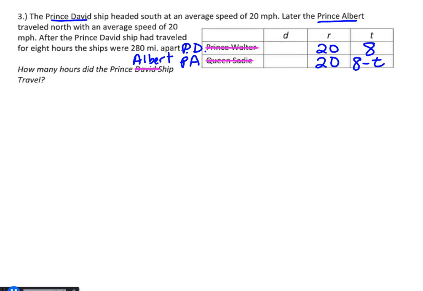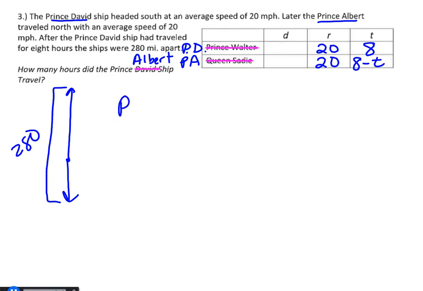Now we know that one of them headed south and one of them headed north, and then after that period of time they were 280 miles apart. So this is another one where they give us the total distance that the two boats traveled.